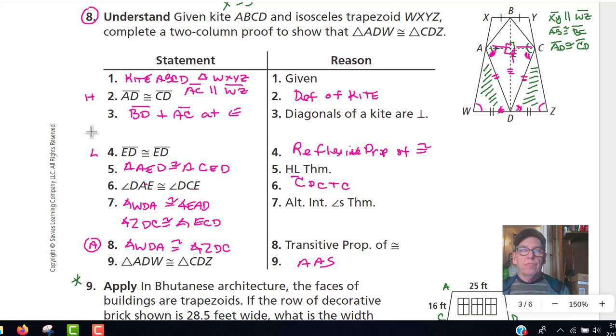The AD gives us the leg, or gives us a side that we need. And we need the other angle here. We need this angle W and angle Z. We have isosceles trapezoid, so let's see, somewhere in here, 3A.